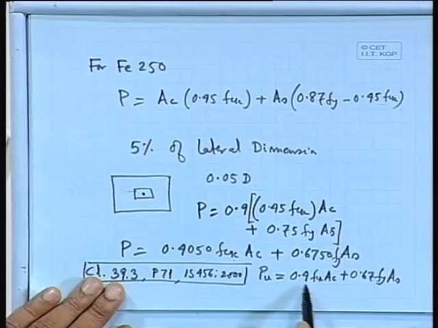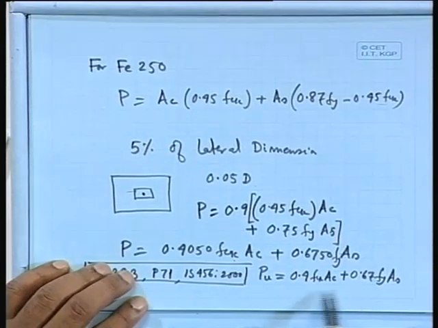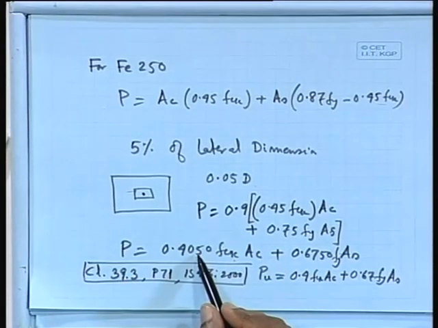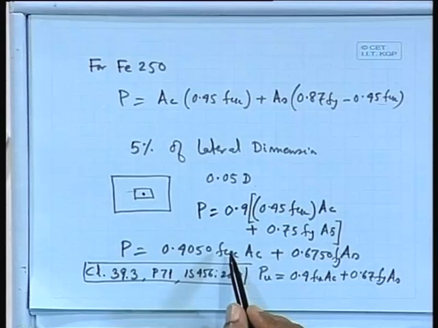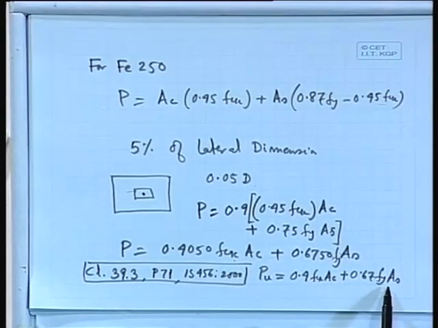So our code says 0.4 FCK AC plus we have reduced this one, say another 5%, so we can come to 0.4 FCK AC plus 0.67 FY AS. So this is the maximum allowable.